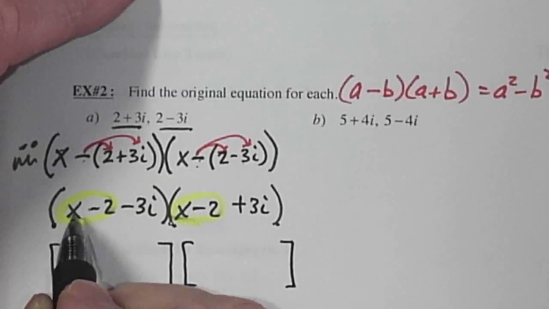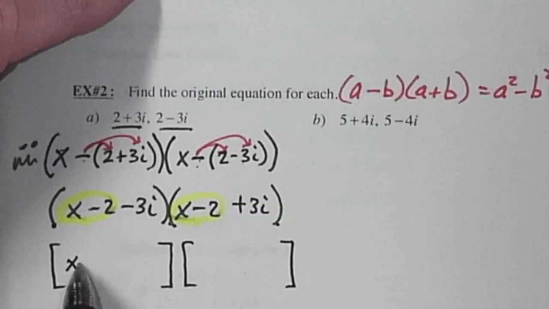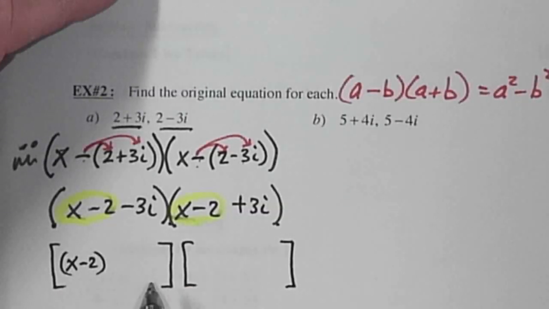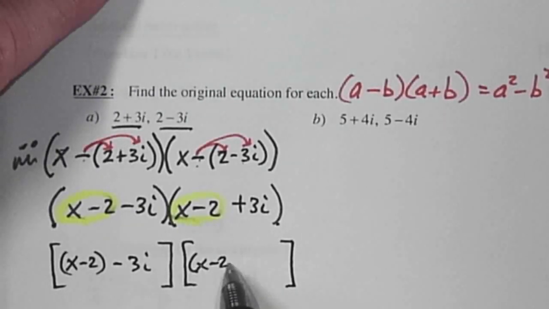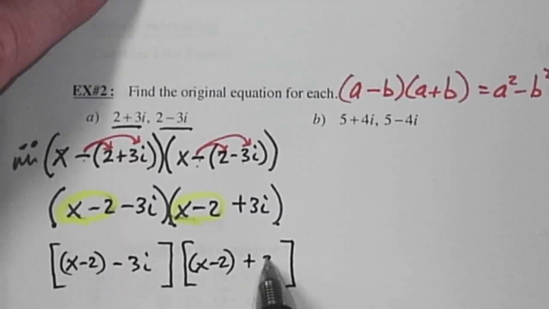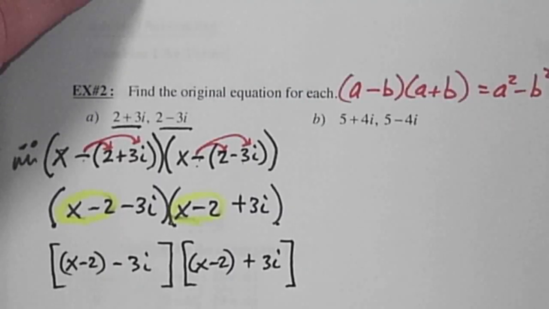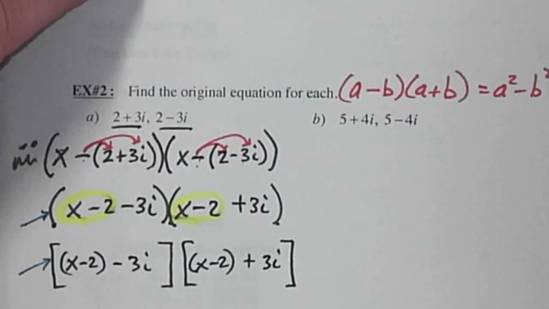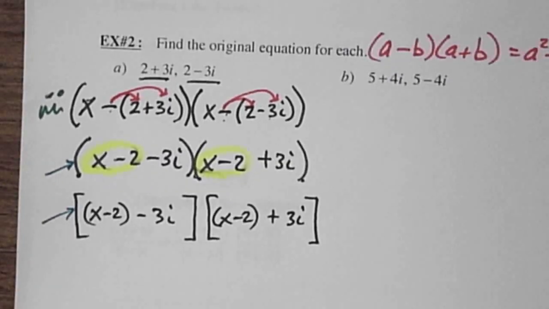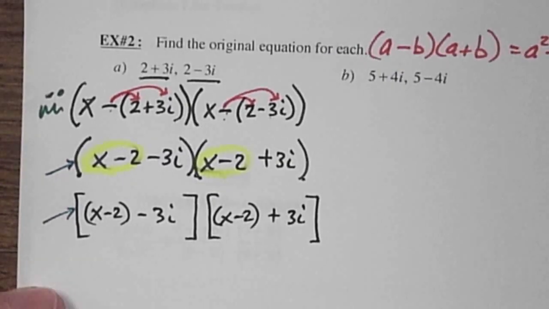All I did was make this parenthesis a square bracket because I'm going to take x minus 2 and put it in parentheses minus 3i. Then I'm going to take this x minus 2 and put it in parentheses plus 3i. Okay, so these square brackets and these parentheses are the same thing, just a different shape. Don't let that bug you.